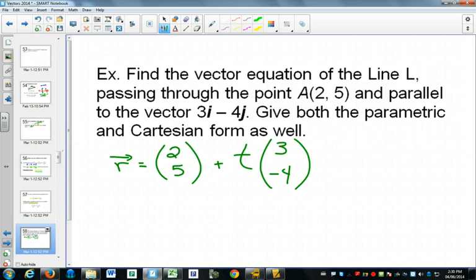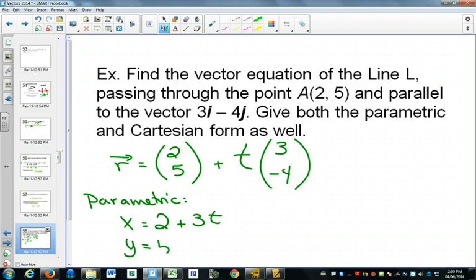The parametric form would just be saying our x coordinates will be 2 plus 3t, and our y coordinate would be 5 minus 4t. That would be your x coordinate.